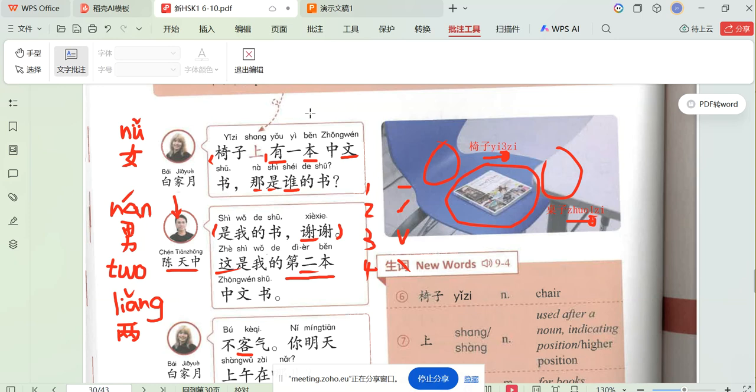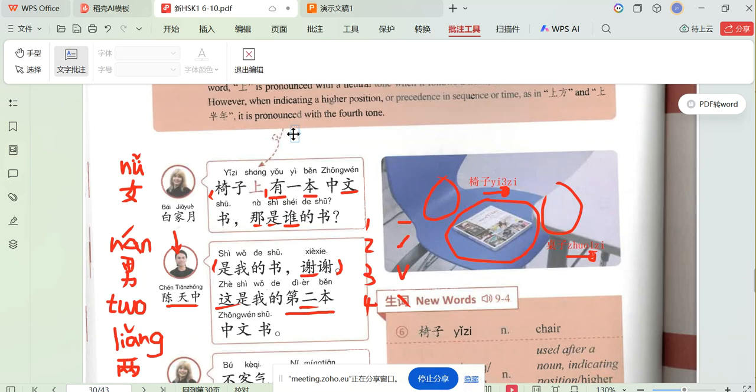Everyone, you have to review every time we finish our class. Don't come here and every time I ask you a question, you don't know the answer. Do you remember we learned the word friend? How do we say friend? 朋友.